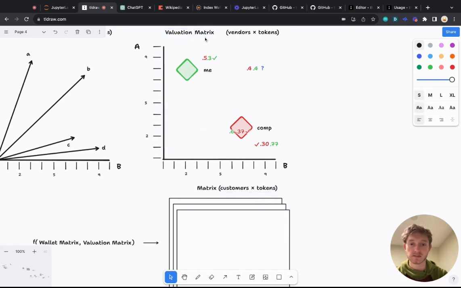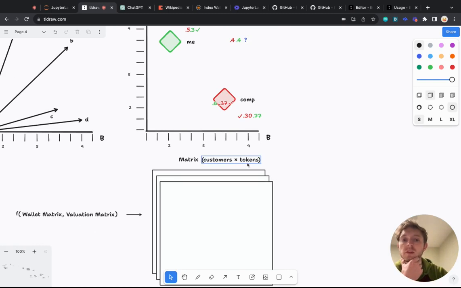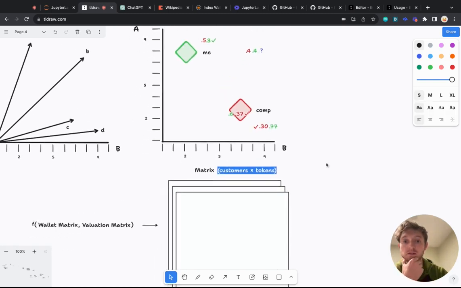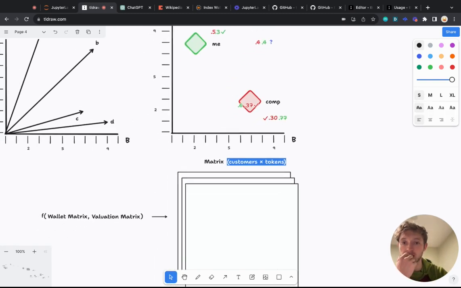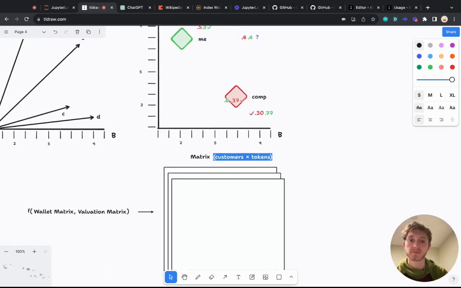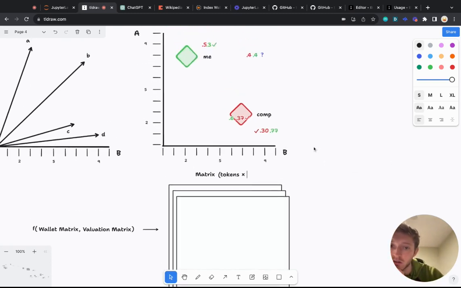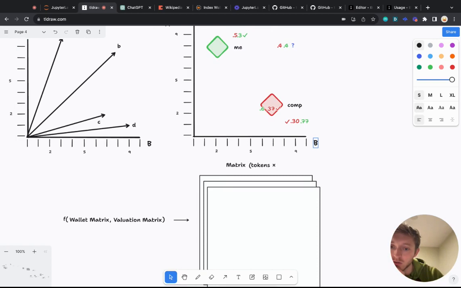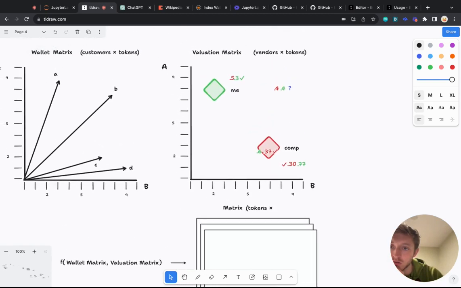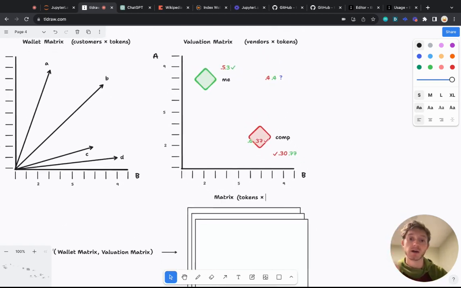It's also a matrix. It's just customer by token by, that's what it is. Customers by tokens by vendors.